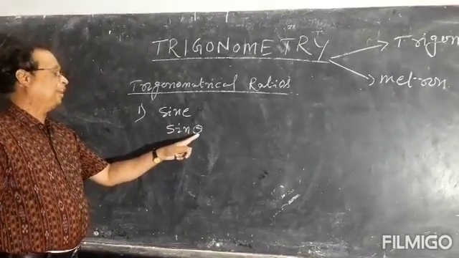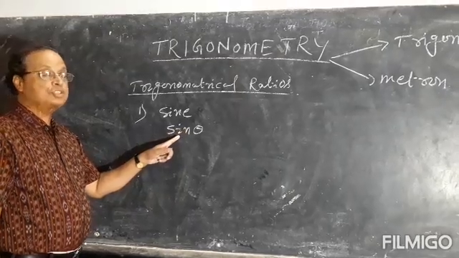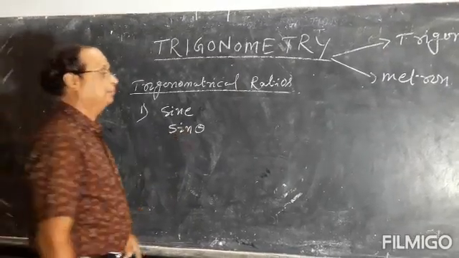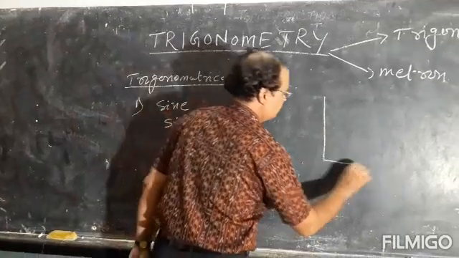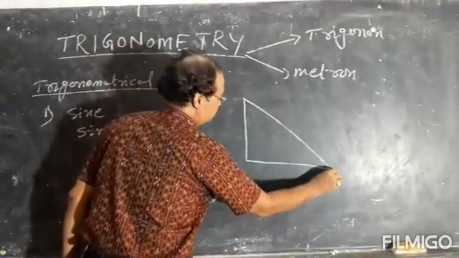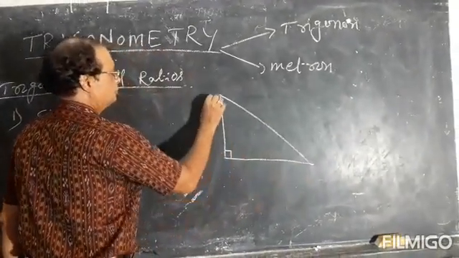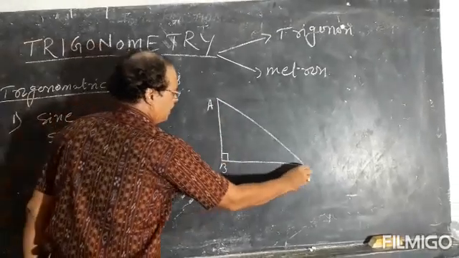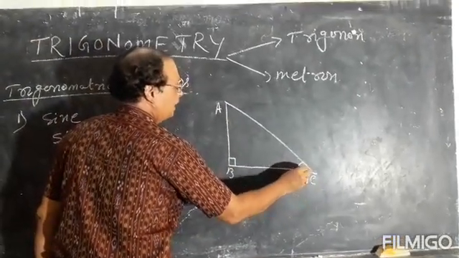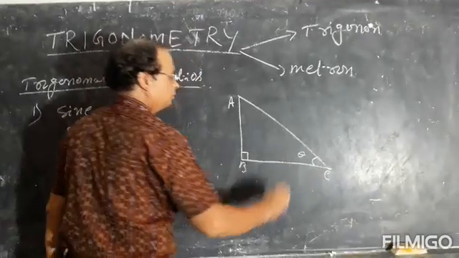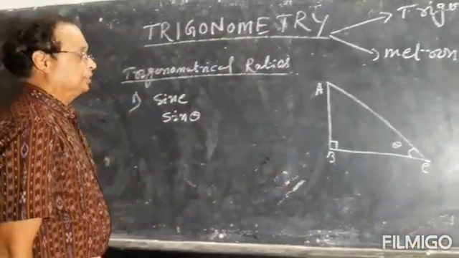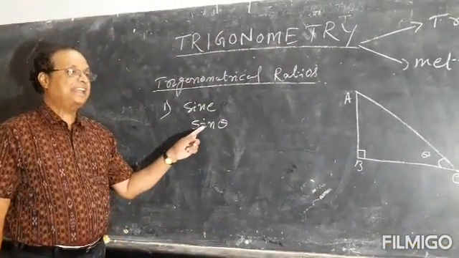Theta is an angle, and we pronounce it as sine theta. Say, this is a right angle triangle. ABC is a right angle triangle, and angle C is theta. Now, what is sine theta?